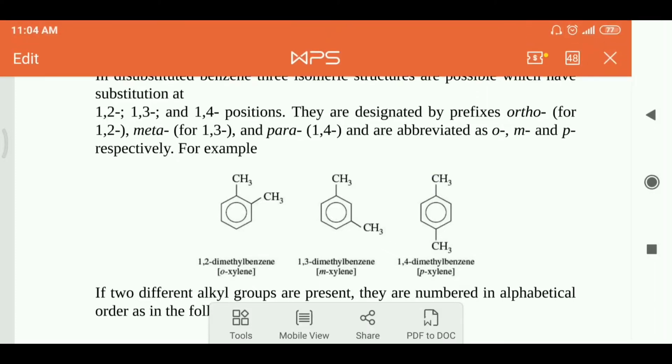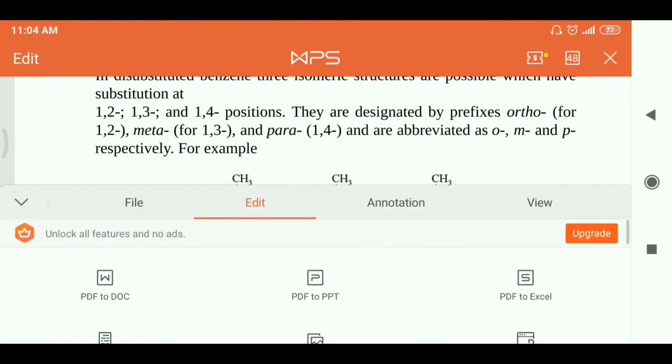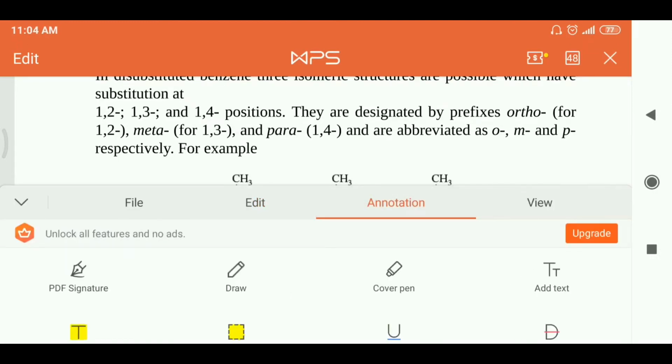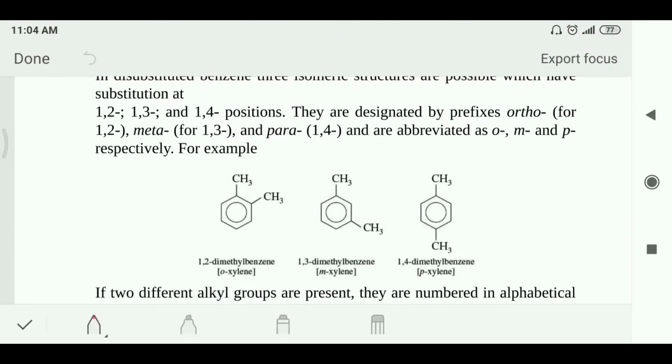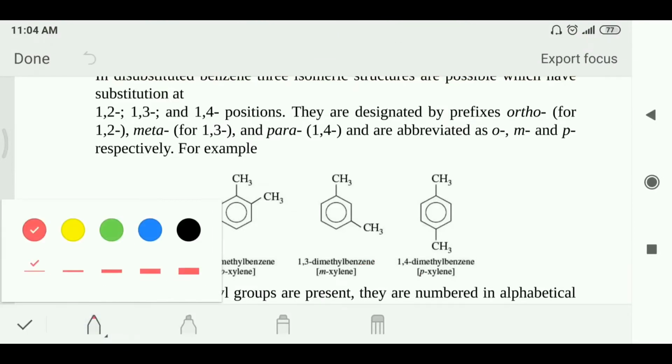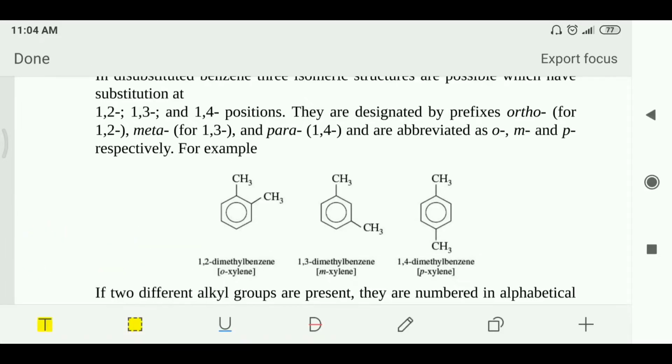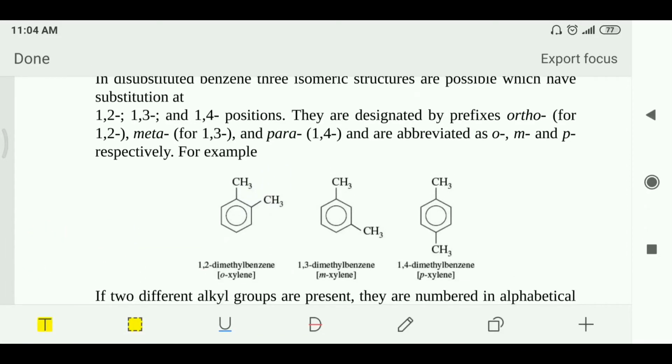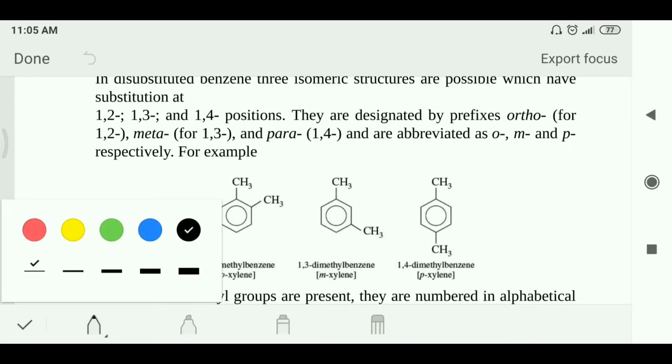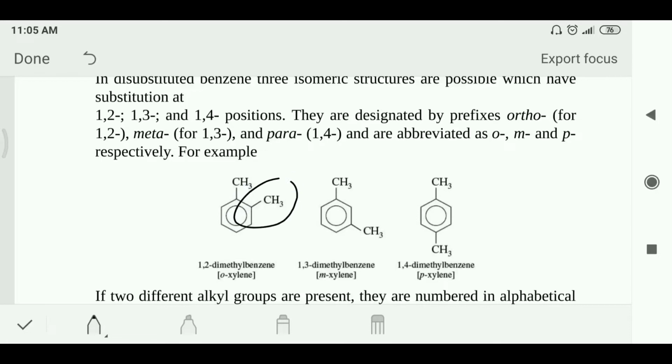Whenever we consider this first one, this is the second carbon, we can consider here as the first number.